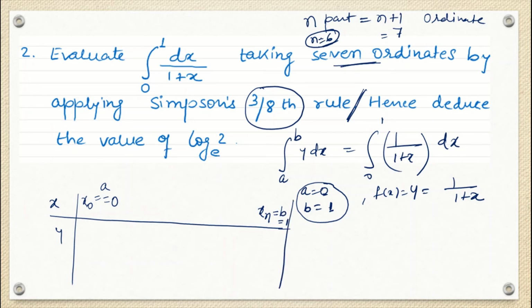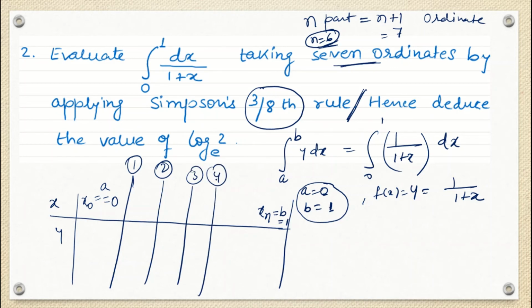This is your first partition, second, third, fourth, fifth, and this is your sixth partition. In six partitions, how many ordinates are there? This is the very first ordinate, second, third, fourth, fifth, sixth, seventh. So that means 7 ordinates are there. Now I'm going to write what is the value of y.